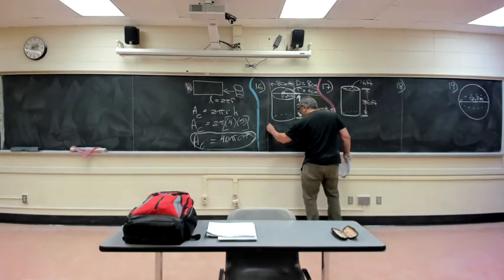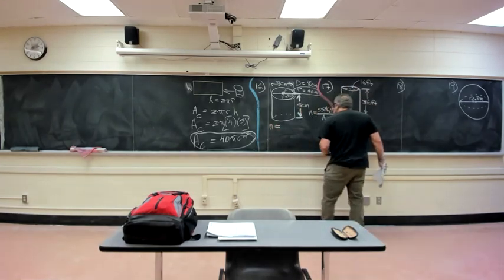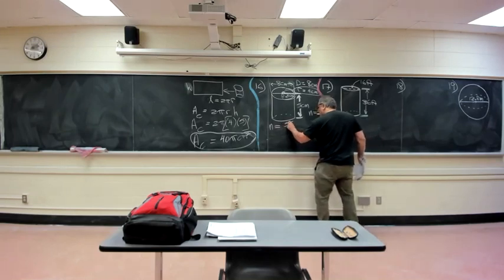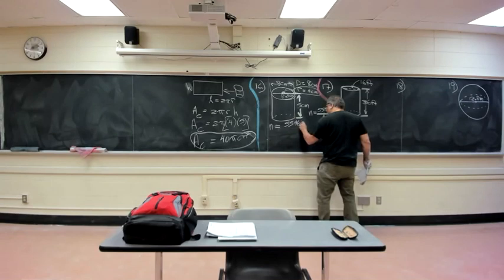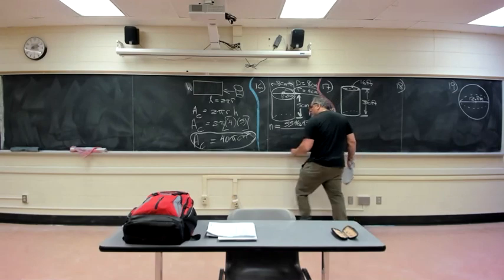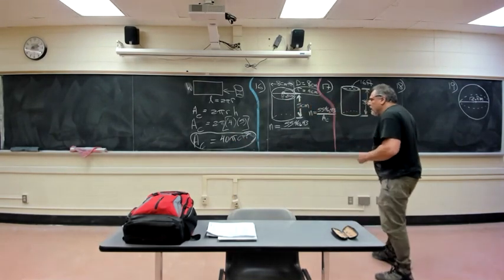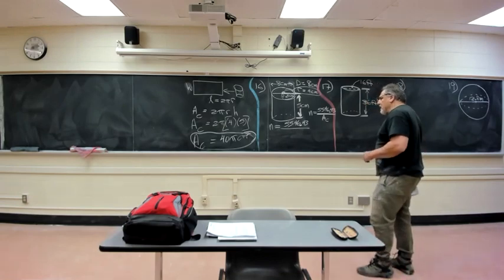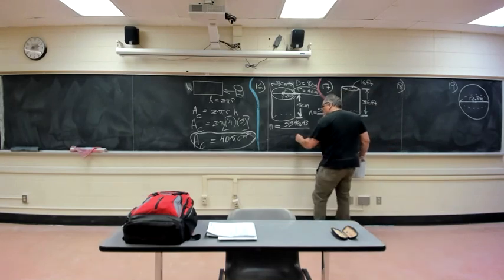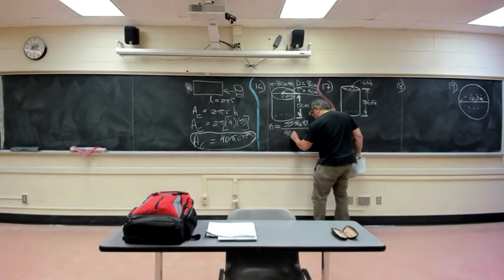We've got n is 5,546.43 square centimeters divided by 40 times pi, which is somewhere in the ballpark of 120, 125 square centimeters.